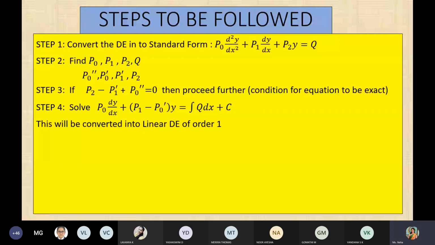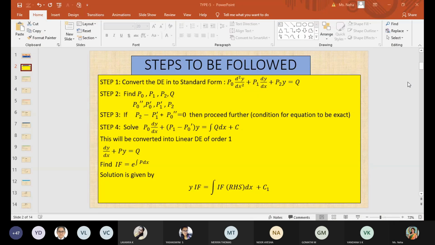Now it's fine, ma'am. Wait, let me change my internet connection. Is it fine now or still breaking? It is fine, ma'am. It's Now.